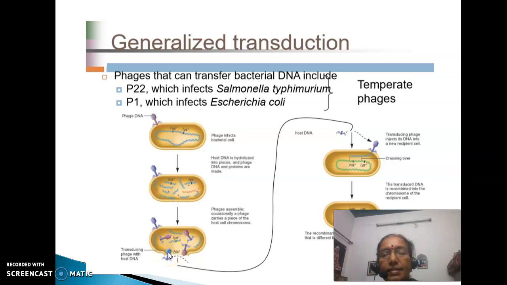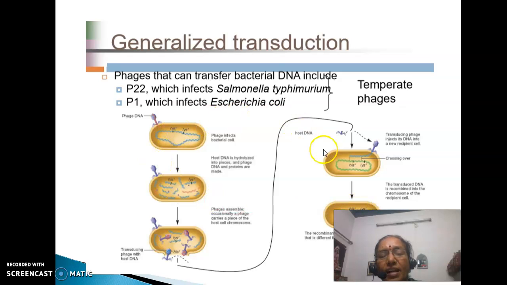Now this is the transductant, and when it infects the recipient cell, that is another bacterial cell, and the his marker is injected, if the recipient is his minus, these two sequences, because of the homology in sequences of DNA, will undergo homologous recombination, and because of this the recipient bacteria will now become his plus.